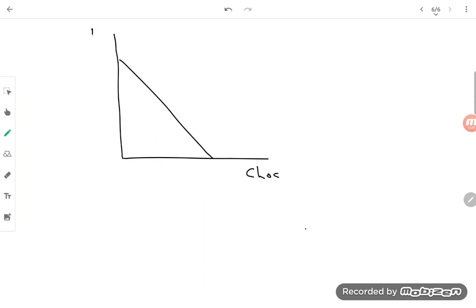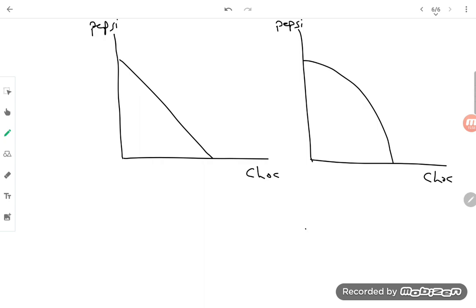Okay, what's the shape of PPF? PPF has two different shapes, either straight line PPF or concave PPF.